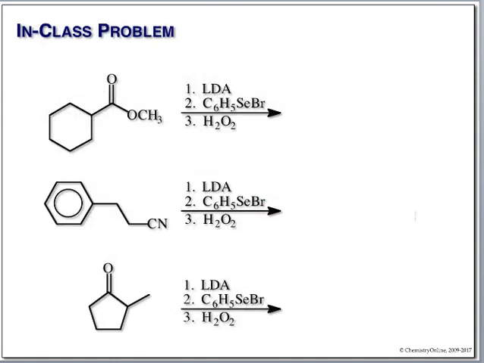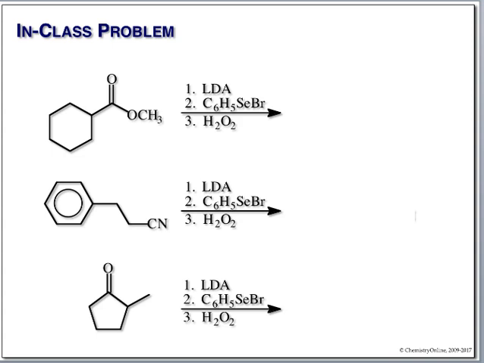Let's go ahead and do some simple reactions here. This is just the elimination. You'll see that this chemistry not only works with simple aldehydes and ketones, but also applies to esters, nitriles, and again, here, just a simple ketone.